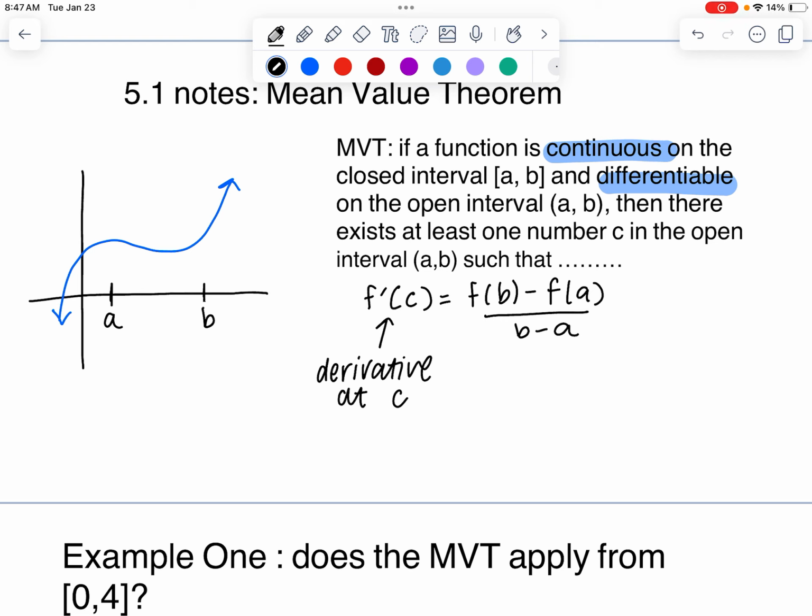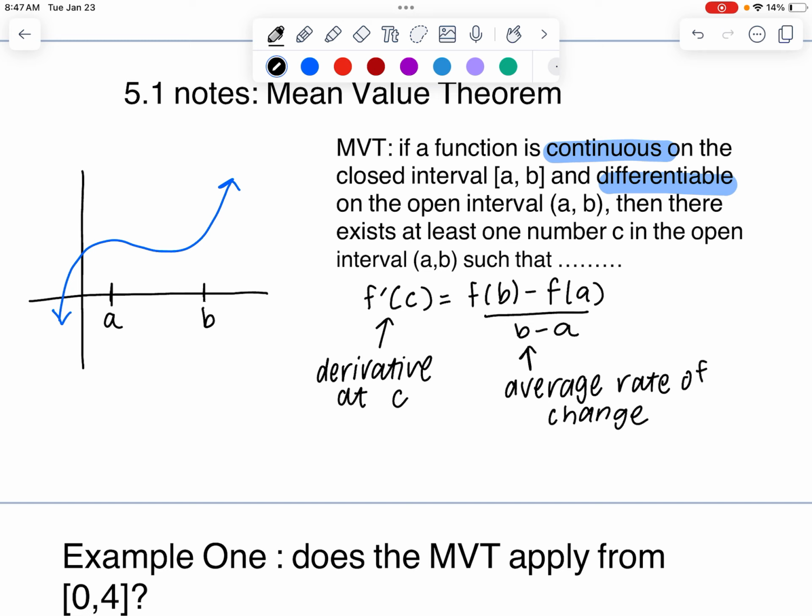And then over here, f of b minus f of a over b minus a, well, that's the average rate of change formula, specifically the average rate of change from a to b. So what this is saying is that there has to be a c value such that the derivative at c is equal to the average rate of change between a and b.